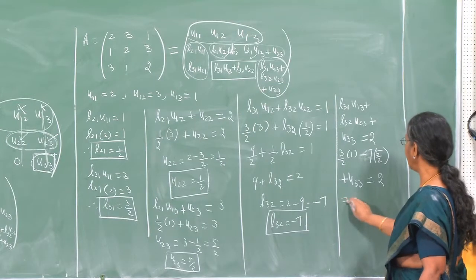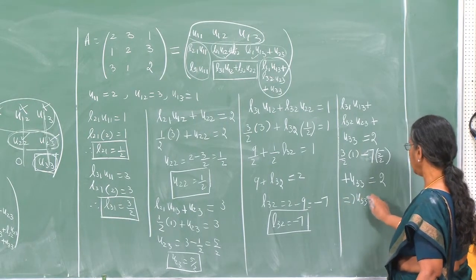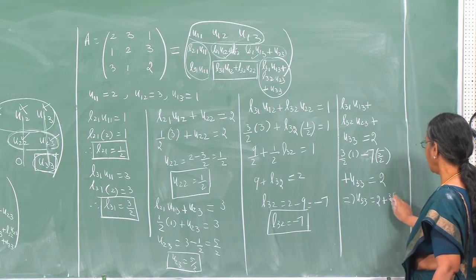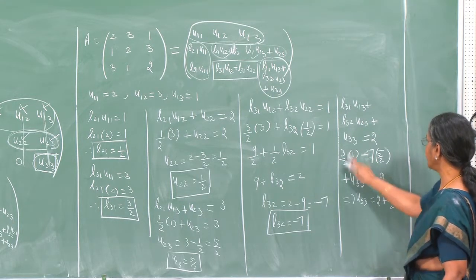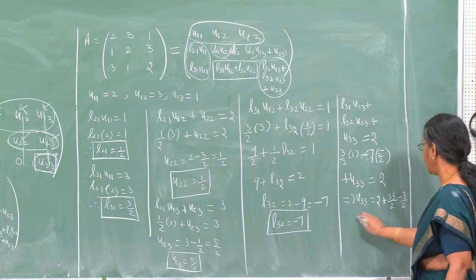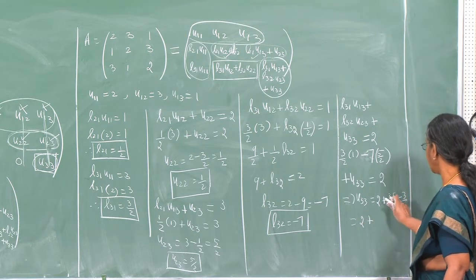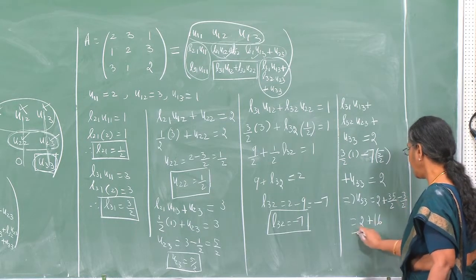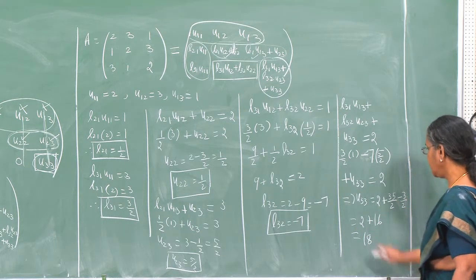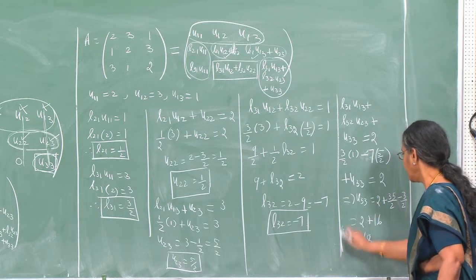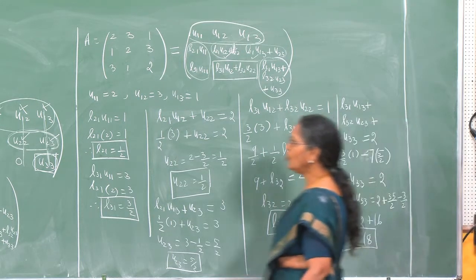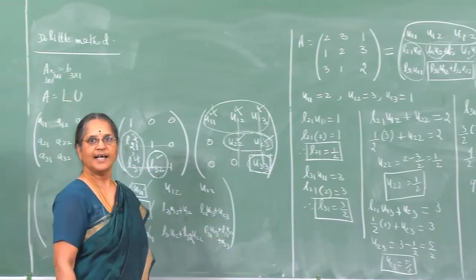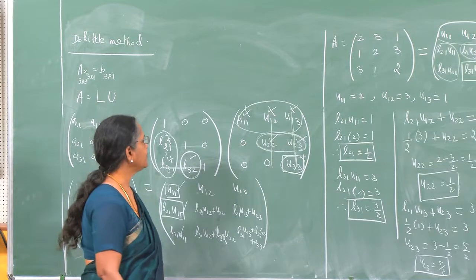This gives you therefore U33 as 2 plus 35 by 2 minus 3 by 2. So, 2 plus 35 minus 3, 32 by 2, so 16. So, U33 is 18. So, the unknown in the last row of the upper triangular matrix has also been computed.